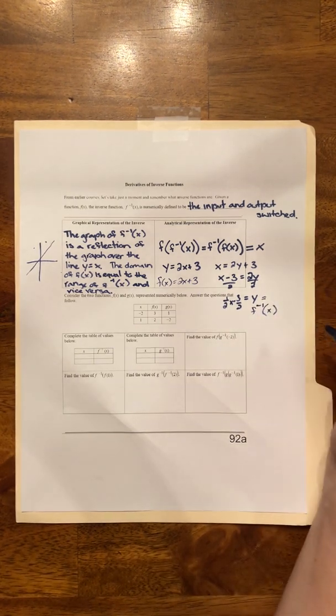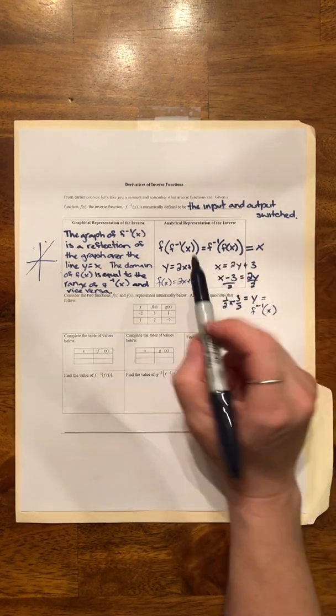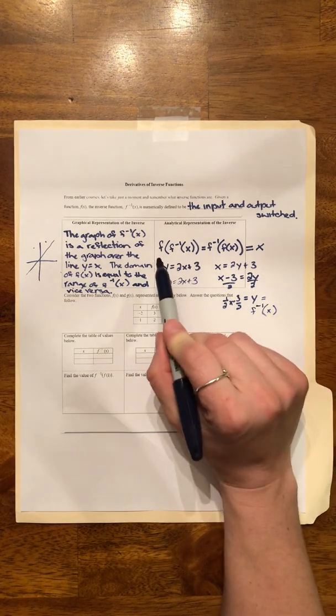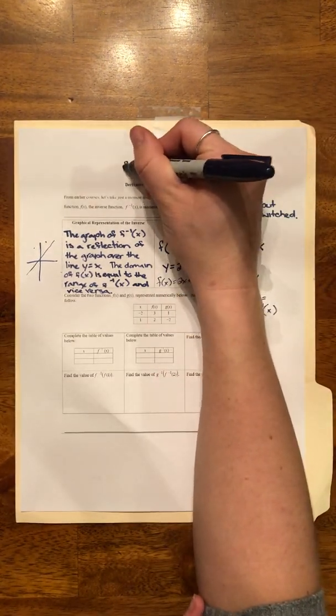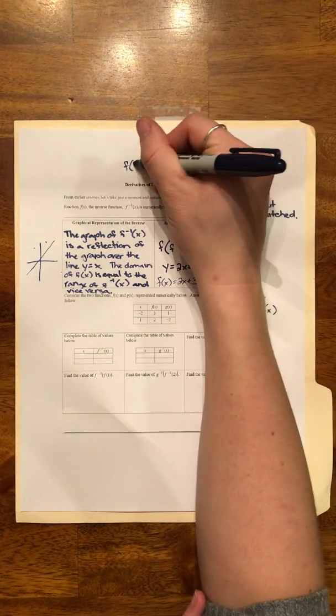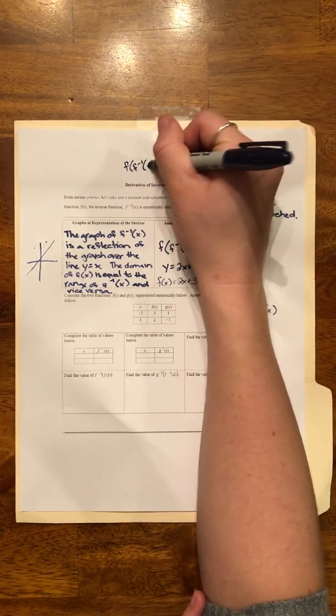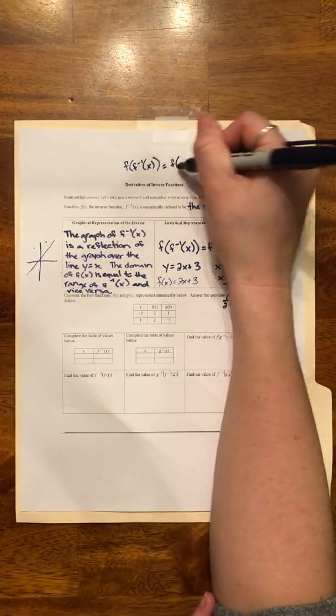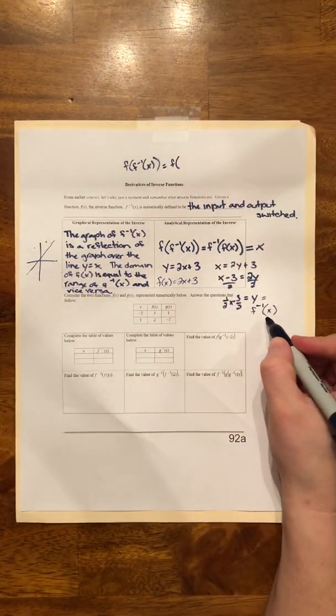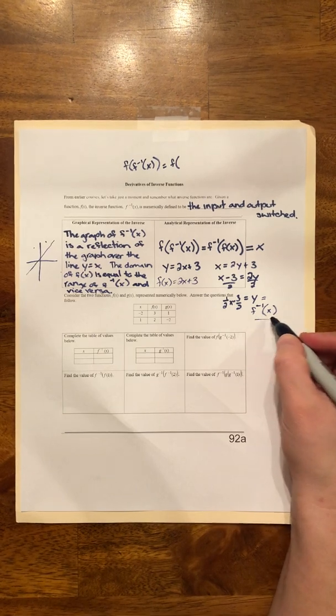Okay, so because I've got some room at the top of the page, I'm going to go up here and I'm going to just do this one way. I can take f of f inverse. What that really means is everywhere I see an x value, what I'm going to substitute instead is this whole function, f inverse.